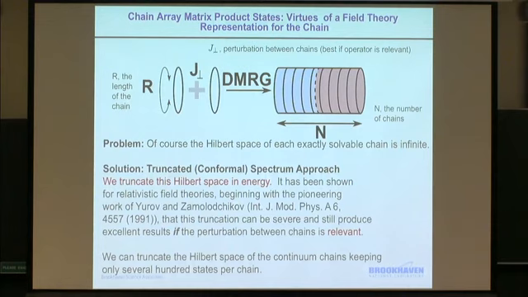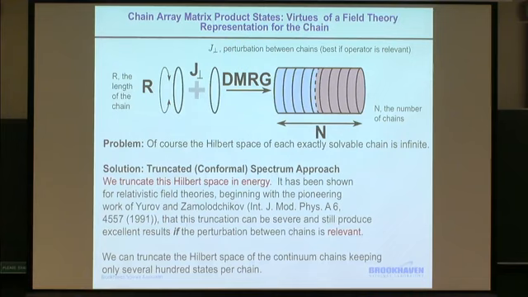Tossing away the high energy states. And the reason why this will work is when the coupling between the chains is some relevant operator. And for the two examples that I'll present to you, that coupling is a relevant operator. The reason why this is a good approximation goes back to this relatively old work by Yurov and Zamolodchikov, where they effectively invented the truncated conformal spectrum approach.